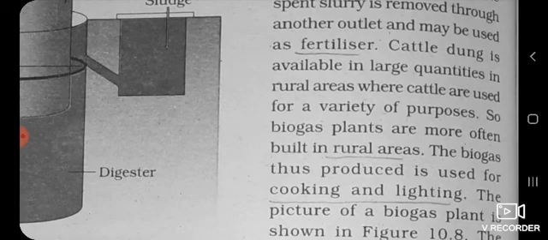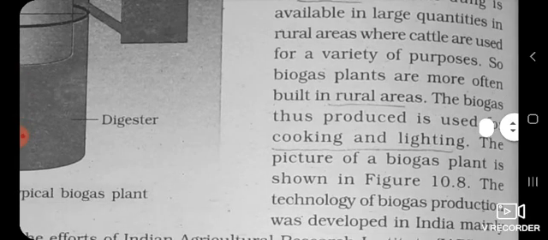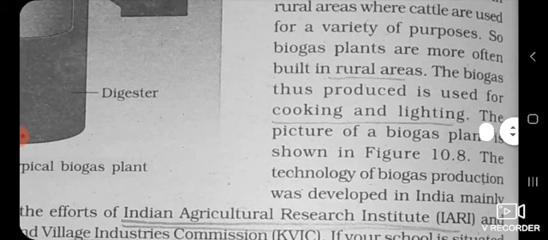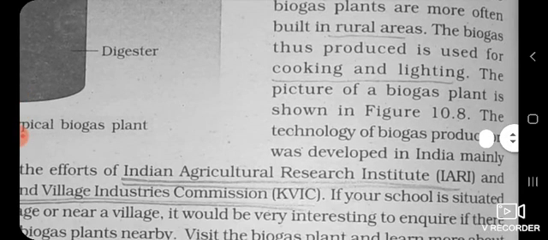So biogas plants are more often built in rural areas because dung, which is the raw material for biogas production, is easily available there. The biogas thus produced is used for cooking and lighting. In rural areas particularly this biogas is used for food preparation in the kitchen, that is for cooking, and for lighting in the house.